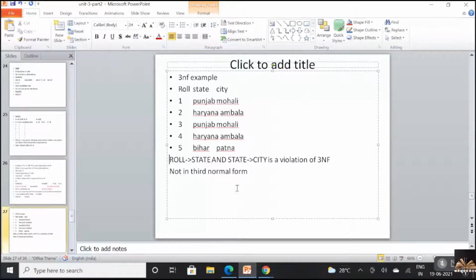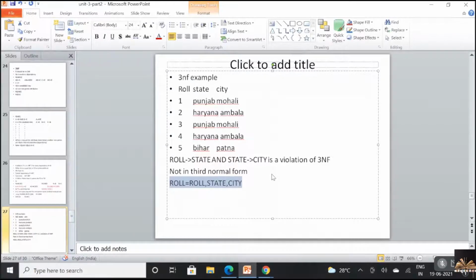There in the RHS is clearly roll, so I have to find out roll closure. What is roll closure? It will give me roll. Roll gives me state and state gives me city. Okay, I hope it's clear.